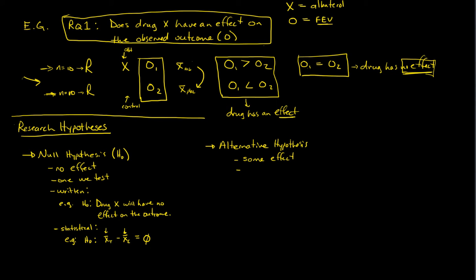We symbolize this often with just an Arabic number afterwards, so H sub 1. Basically what we're saying here is, I'll back that up, if null is not true, alternative must be true.